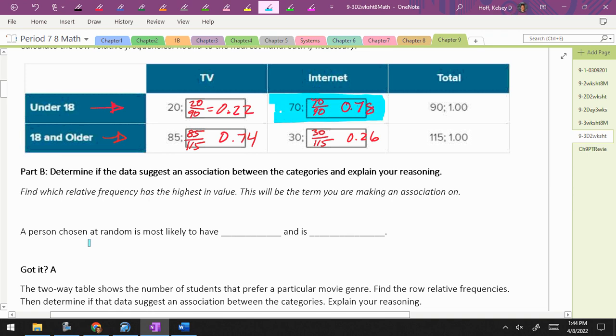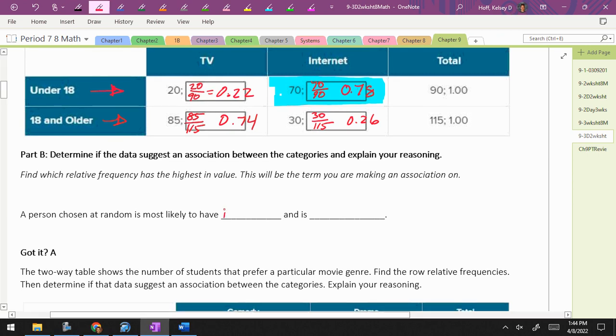So it says a person chosen at random is most likely to have internet and is under 18. So you're looking to have the highest relative frequency. The higher the number, the more likely it is to happen.